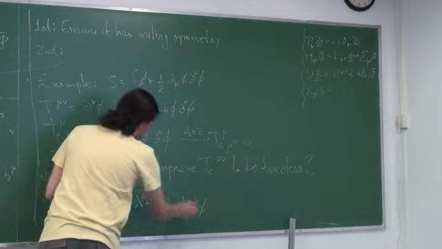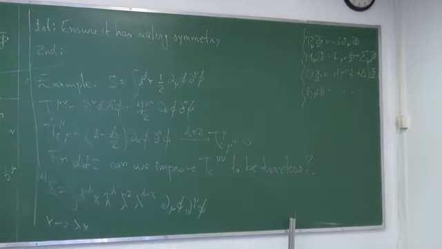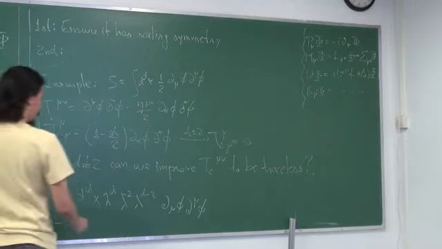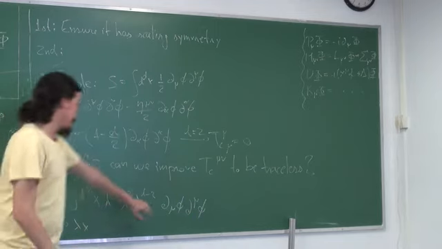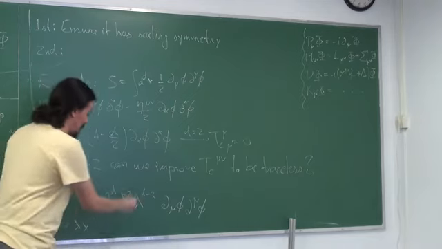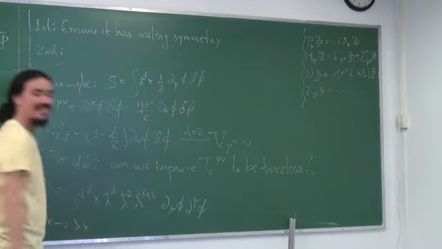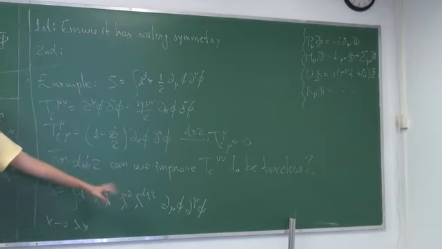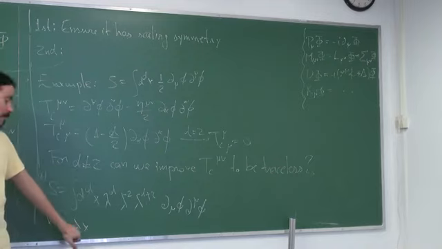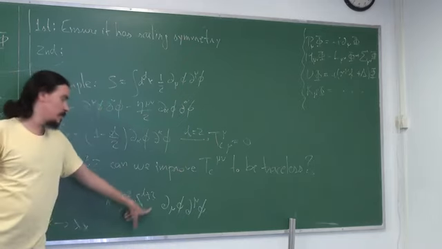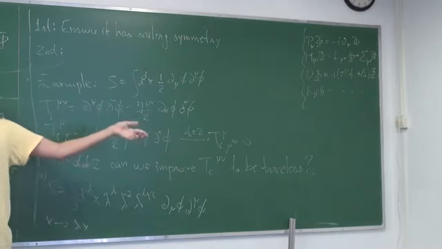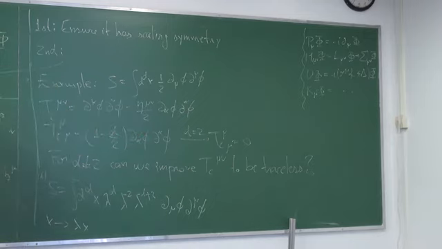But we have 2 scalar fields. I'm rescaling space, real space, and what I looked at previously was the mass dimension, which is 1 over the space dimension.